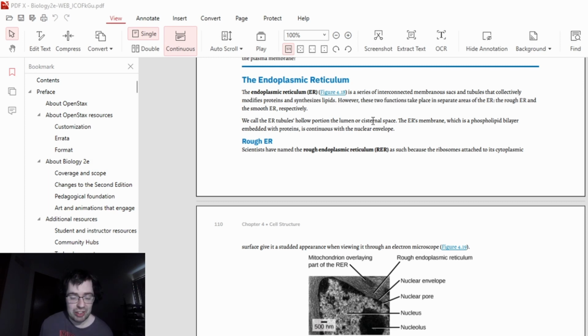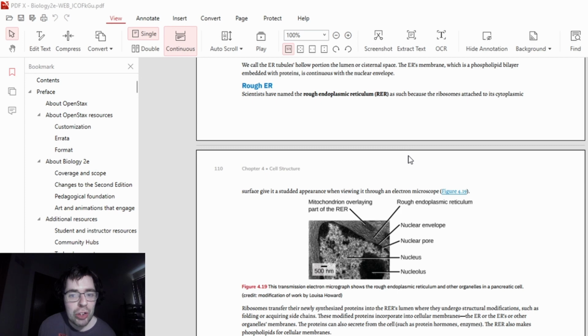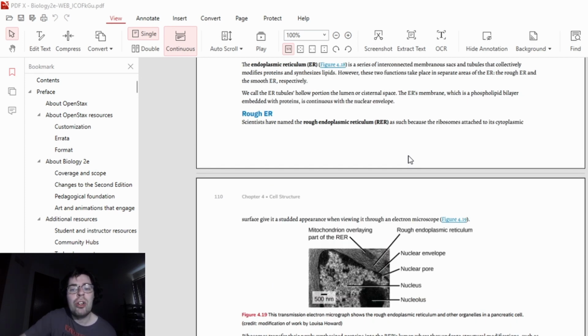But it does create lipids. We call the ER tubules' hollow portions the lumen or cisternal space. The ER's membrane, which is a phospholipid bilayer embedded with proteins, is continuous with the nuclear envelope.